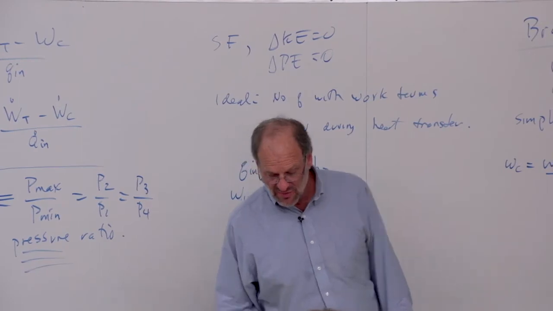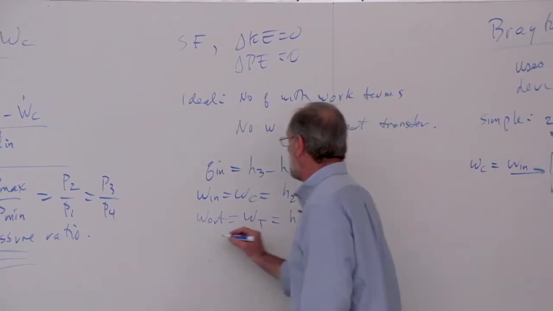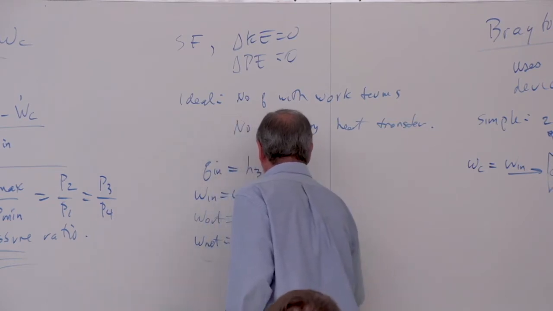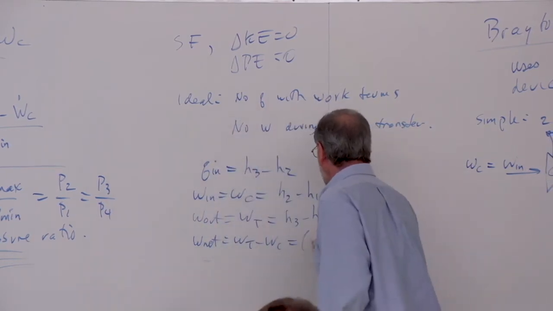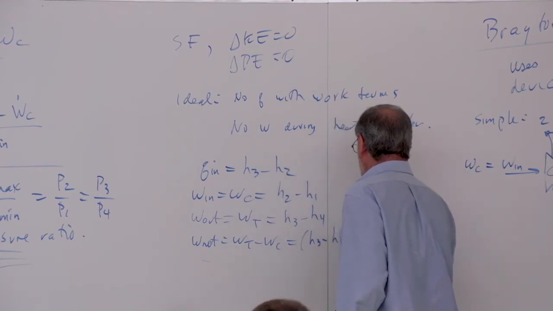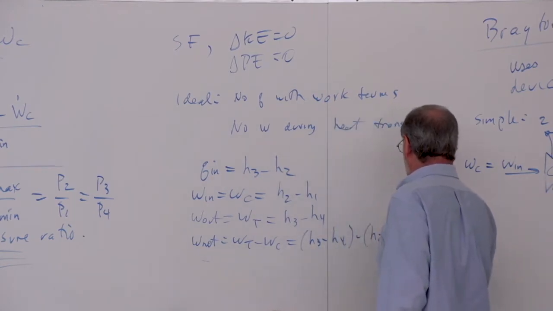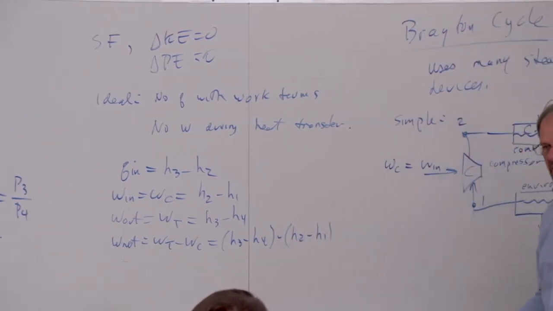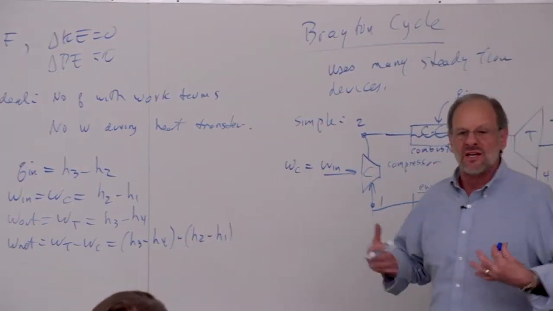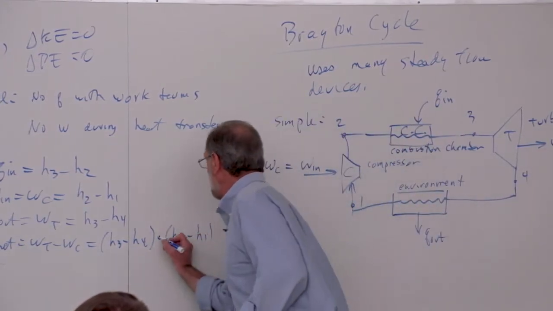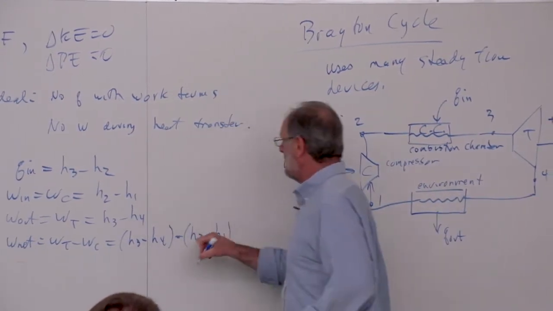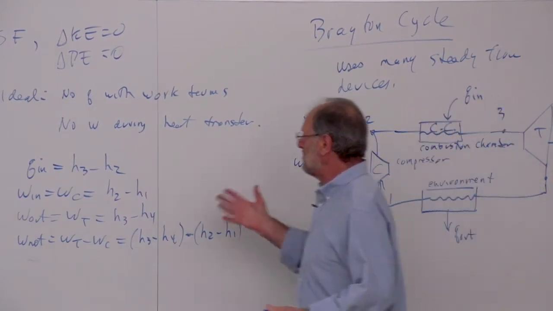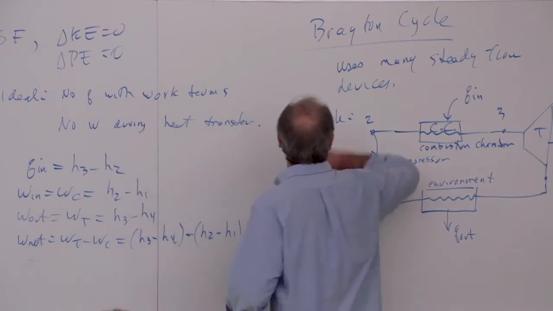And then if we really wanted to, we could show the net work, which is just the difference between the turbine and compressor work: H3 minus H4, minus the quantity H2 minus H1. Please note that the minus sign within the equation takes care of the actual sign of the compressor work term. H2 minus H1 is the magnitude of the work, and the minus sign gives us our direction. All right, so these would be the general equations we would use.